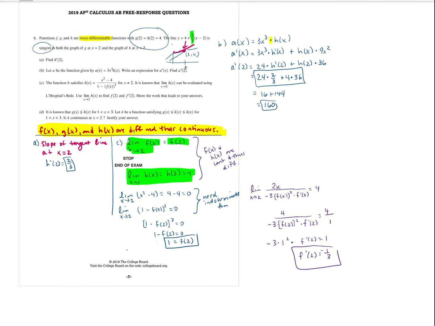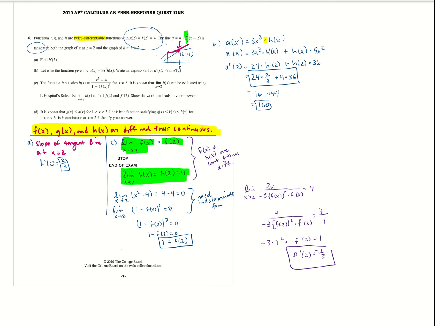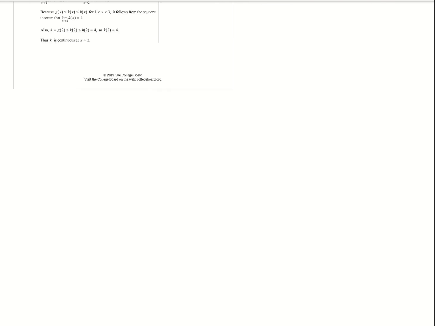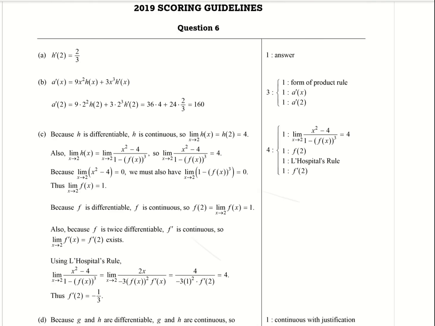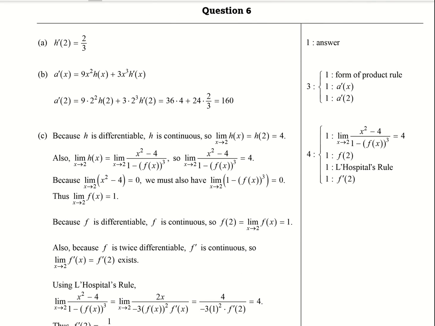All right, let's just check A, B, and C so far though on the scoring guidelines for this. So for part A, we just have an answer. Okay, they didn't say you had to justify it, so just 1 point, we got that one. For part B, we need that product rule to be able to be seen, which we've got. Remember, that could be written in a different order.